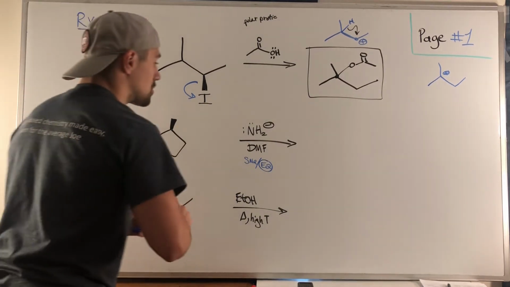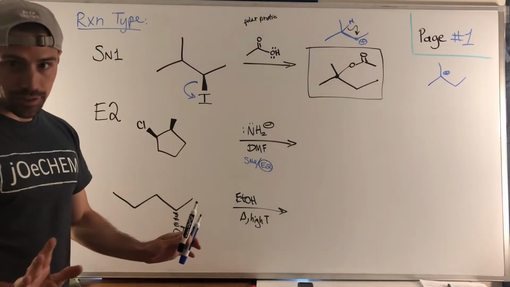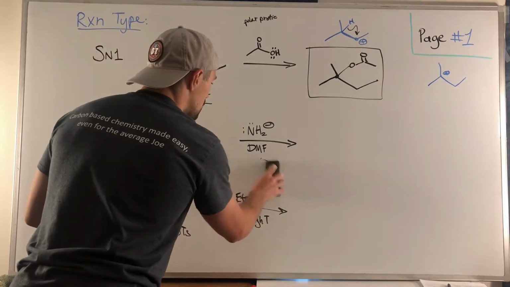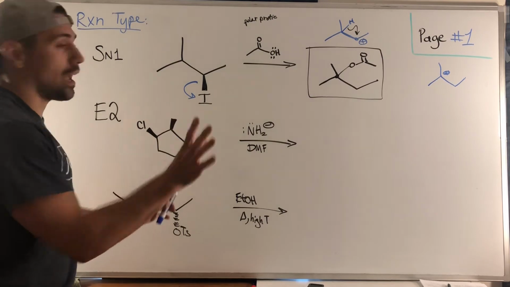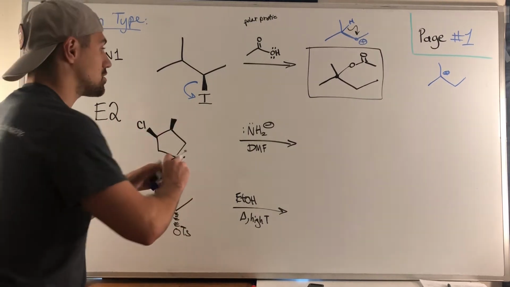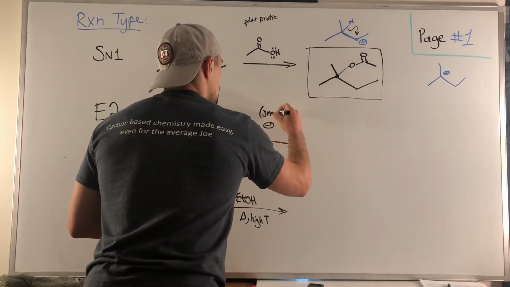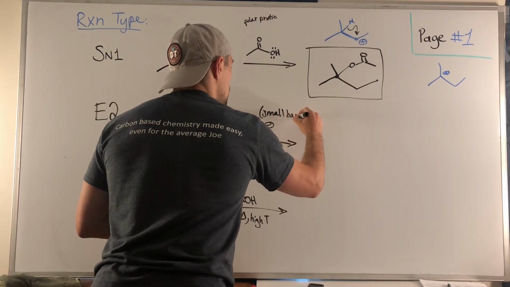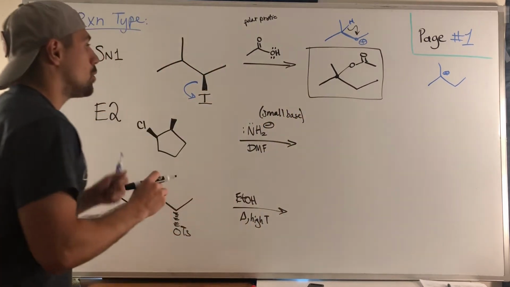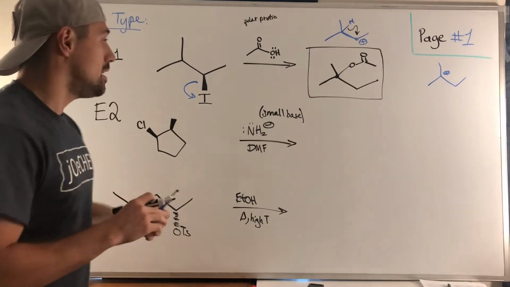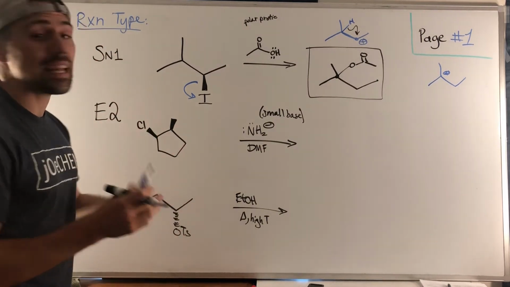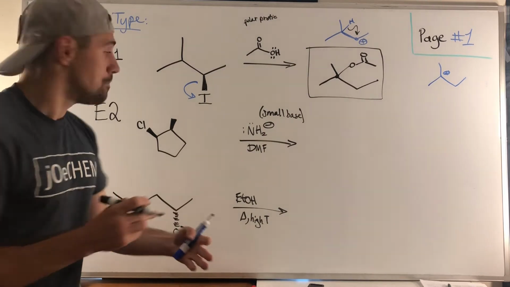Okay, so now that we've figured that out, we need to check a few things. We have a ring and we have a small base. With this small base, we want to form our Zaitsev product. We want to make the most substituted double bond, that's the most stable double bond. And since this NH2- is small, it can actually get to where it needs to be.